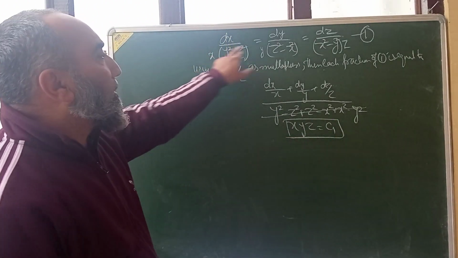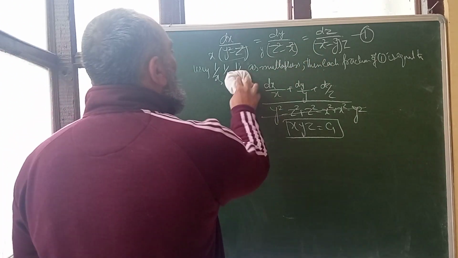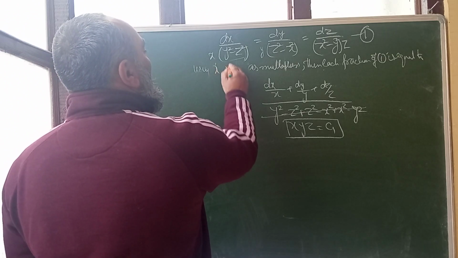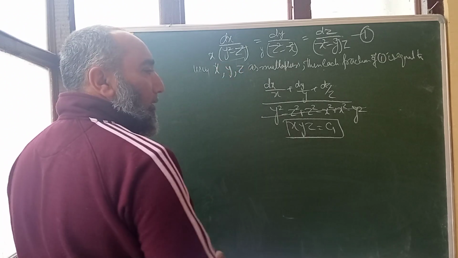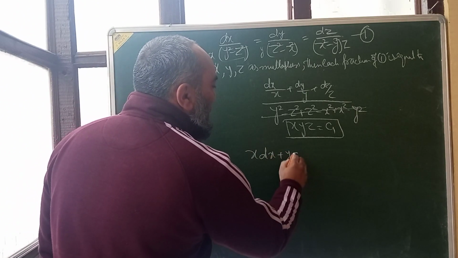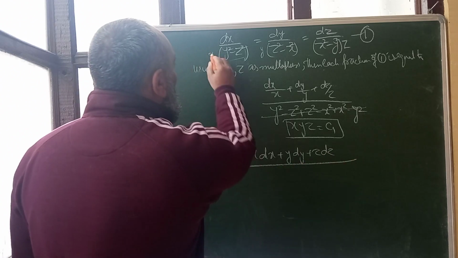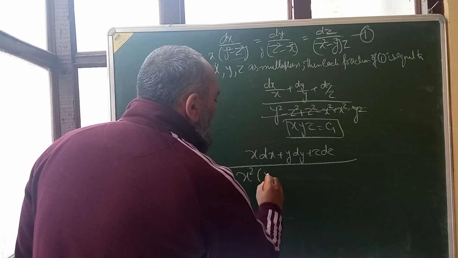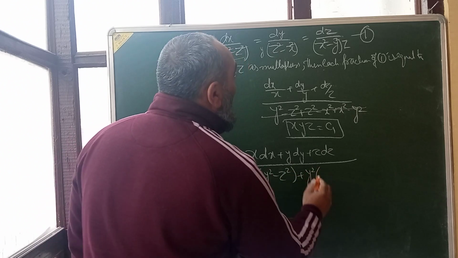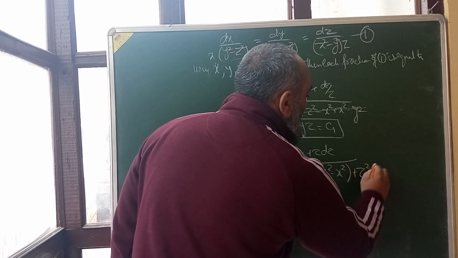You choose x, y and z as multipliers. Then each fraction is equal to x dx, y dy, z dz divided by x square, because you have chosen x, you have chosen y, so y square, z square.